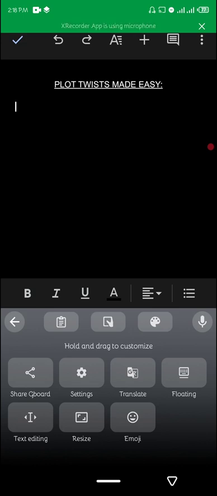Now, plot twists made easy. Let's go. What's a plot twist? It is simply that unexpected turn in your story that your readers are not supposed to see coming, which will surprise them and make them want to read more. Now, any editor, any co-editor would tell you that plot twists are invaluable.